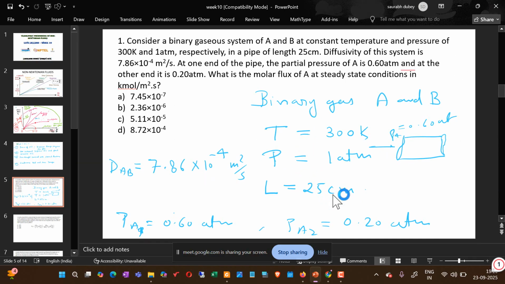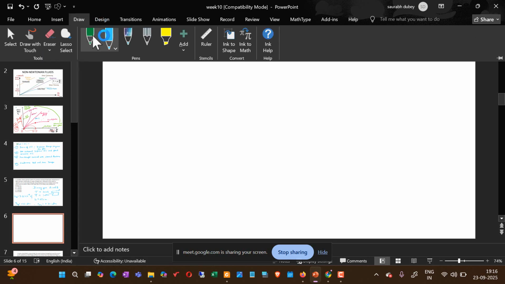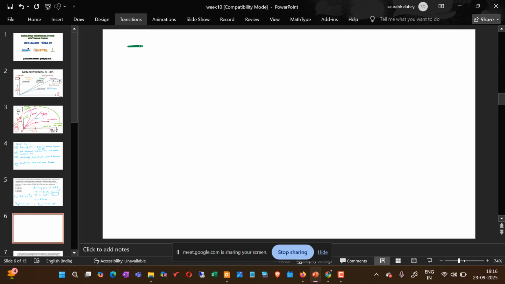So what is the molar flux? In order to solve this, we will be employing very basic laws. Let me just change the color. Here the temperature is 300 Kelvin, right? And the pressure, total pressure, is given. And you are given that there is a pipe.